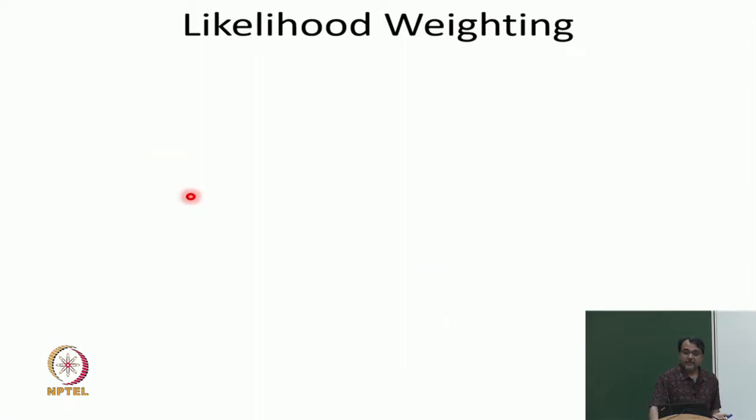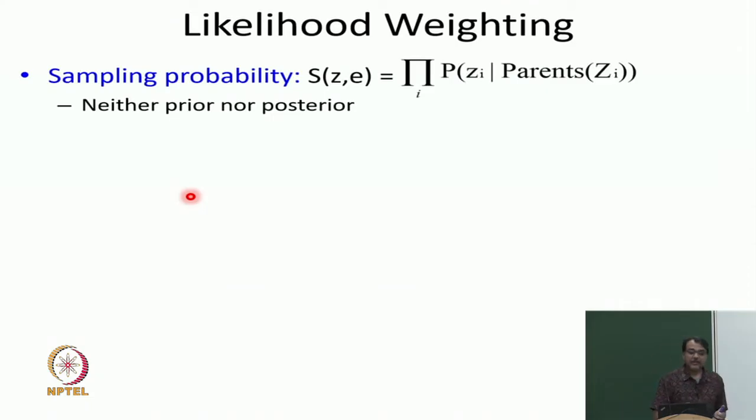Now, what is the probability with which we are sampling? The probability with which we are sampling is only the probability of hidden variables given parents of hidden variables, and query variables. So, non-evidence variables. Our sampling probability only tosses the real coins for those variables which are not evidence.